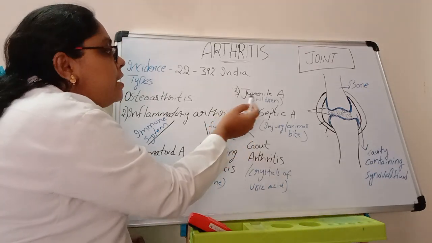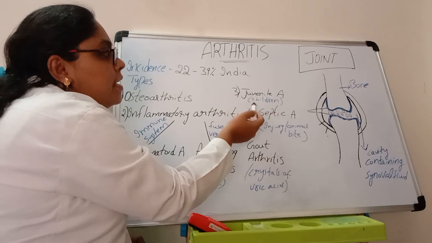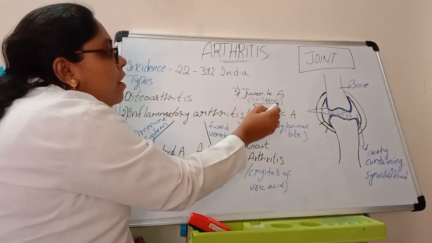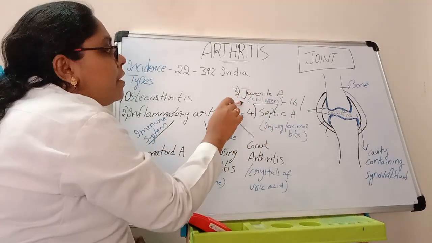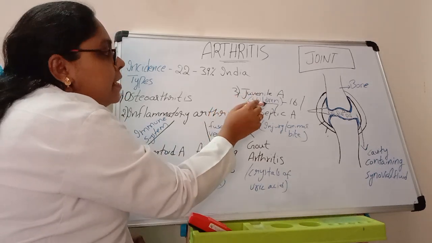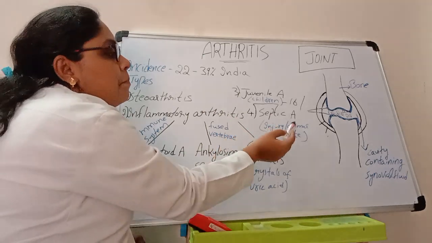And what's the third one? Juvenile arthritis. This arthritis is seen in children, especially the 16 and younger group, who often suffer with juvenile arthritis. It is attacking the immune system. And the fourth one is septic arthritis.